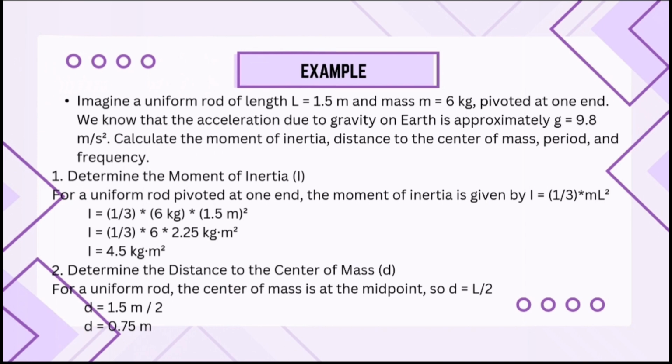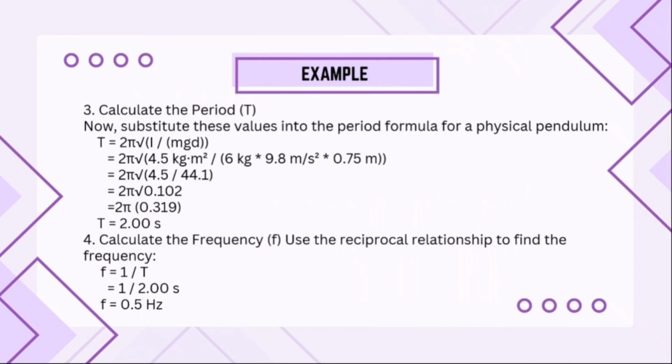I equals 1 over 3 times 6, and 1.5 meters squared is 2.25 kg times m squared. The result of 1 over 3 times 6 times 2.25 is 4.5 kg m squared. So our inertia is 4.5 kg m squared.